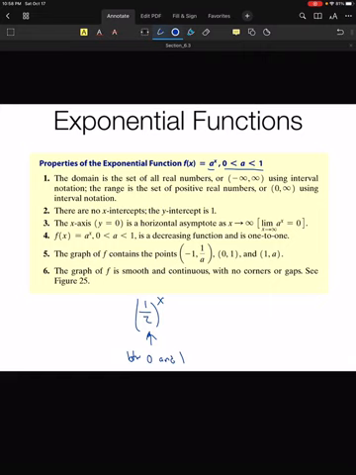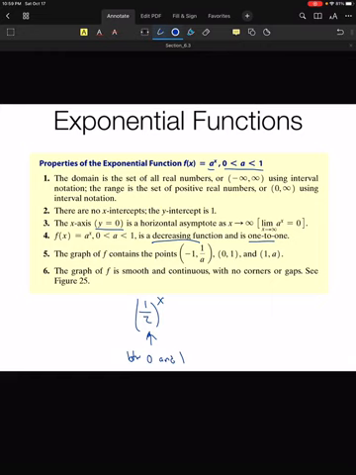There is a horizontal asymptote: the x-axis, or the line y equals 0, is the horizontal asymptote, so it shares that with the last one, but this time the asymptote happens as x approaches positive infinity, not negative infinity. Okay. Step 4 is sort of the big difference with the first one. Now, instead of an increasing function, it's now a decreasing function, but it is 1-to-1, which means it passes the horizontal line test.